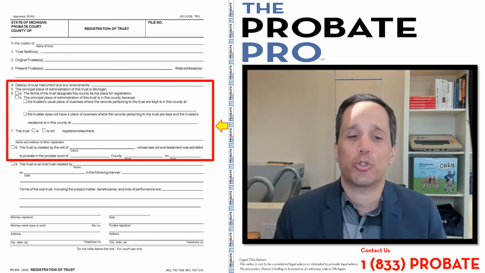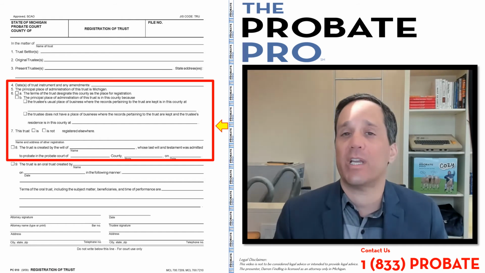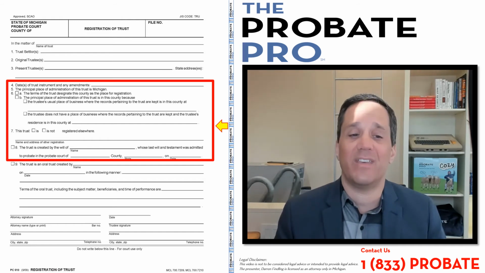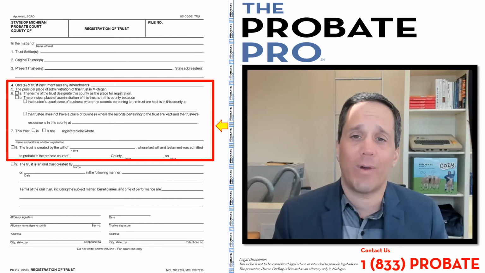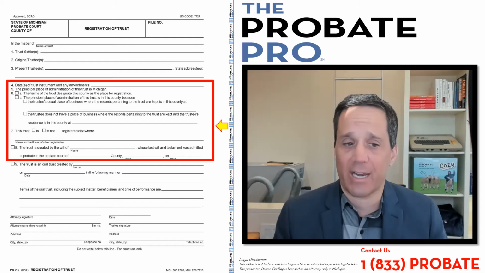The trustee's usual place of business where the records pertaining to the trust are kept is in this county at. So often that is the trustee's residence or business, and that provision would be checked.